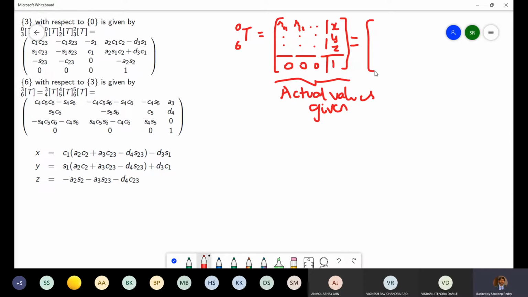Now this equals the expressions for these values, right? These are in terms of theta I. Right, these are also in terms of theta I.